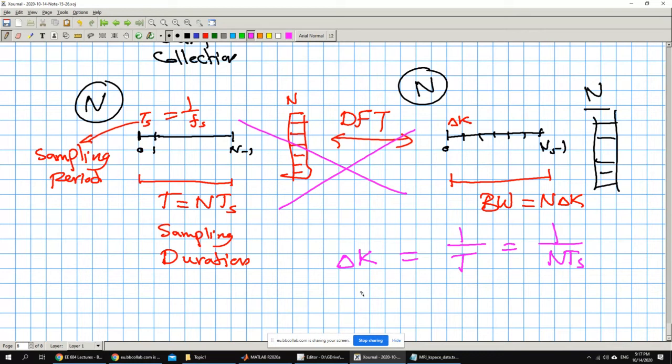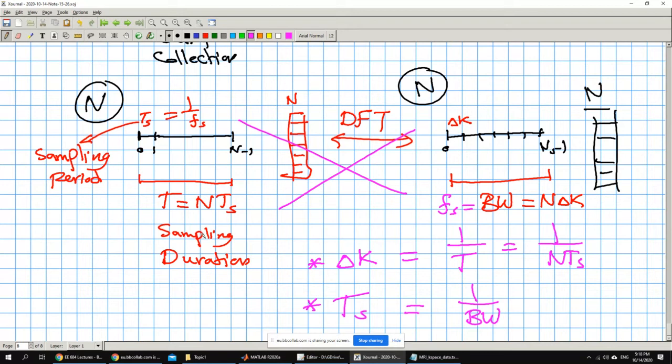On the other side, Ts is equal to 1 over bandwidth. The bandwidth is actually equal to Fs, because Ts is 1 over Fs. So you have an inverse relationship between the sampling period in one domain and the duration or the bandwidth in the other domain.